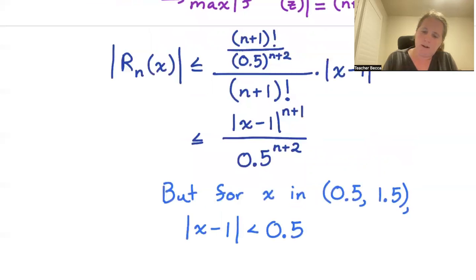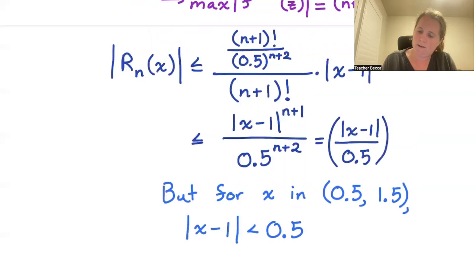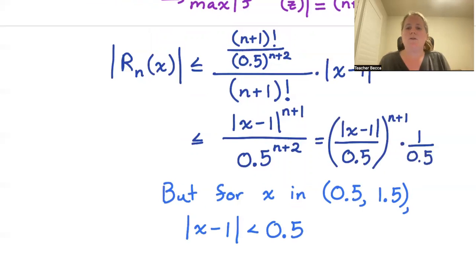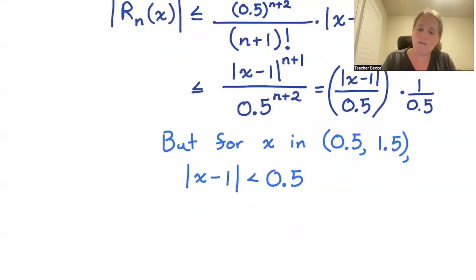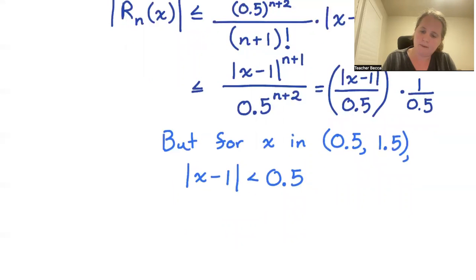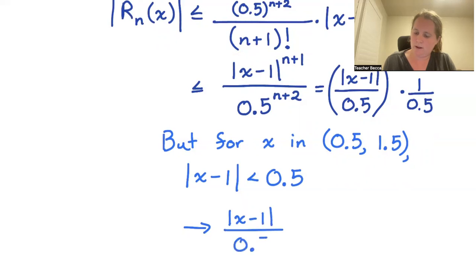So this statement that I've written above, we could have rewritten as the absolute value of x minus 1 over 0.5, all raised to the n plus 1, times one more copy of 1 over 0.5. So since absolute value of x minus 1 is less than 0.5, that means that the absolute value of x minus 1 over 0.5 is less than 1.